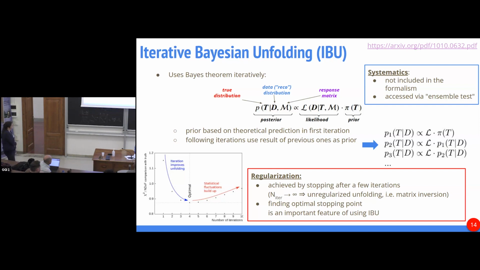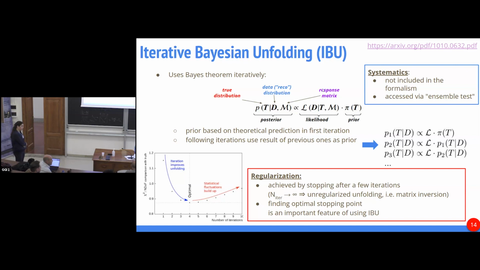Then you combine the data and your prior knowledge, and you update your prior knowledge. You do it once, you do it twice, and so on, and at some point this gives you a sensible unfolding. In this way, you have the regularization intrinsically added to the model by this prior, without having to construct some terms.